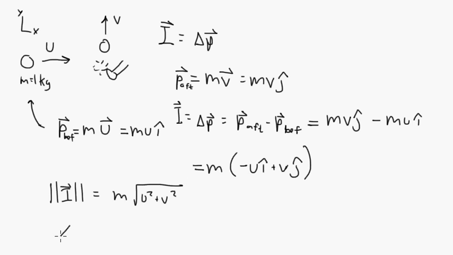And then the angle. It looks like our impulse vector is going to be, there's your x, there's your y, and our impulse vector is going to be going in the negative i direction and the positive j. And this is going to be v here and u.